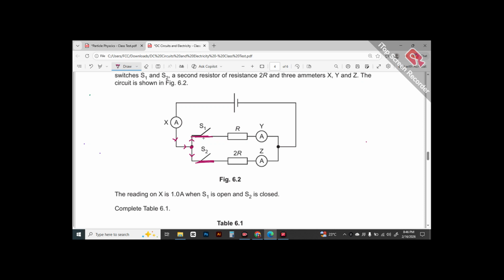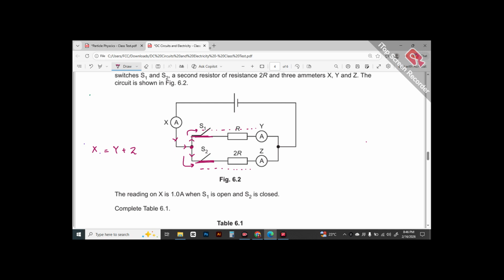Now, according to Kirchhoff's law for current, that is the first law, current entering a junction, which is the value in X, should always equal the current leaving the junction. Current is leaving here, current is leaving here. The current that goes here would be reflected in this ammeter, and the current that went here would be reflected in this ammeter. So following Kirchhoff's rule, current entering a junction should equal current leaving the junction.